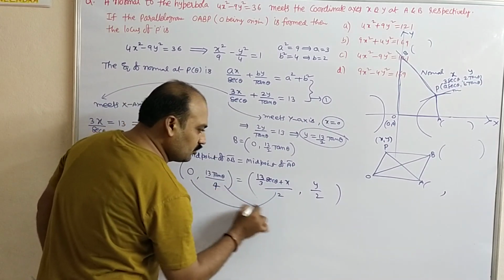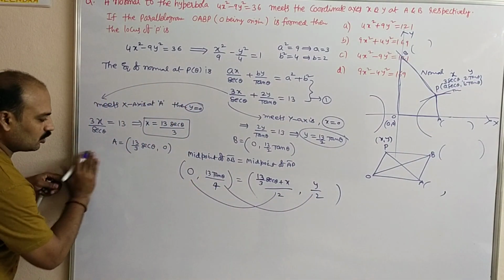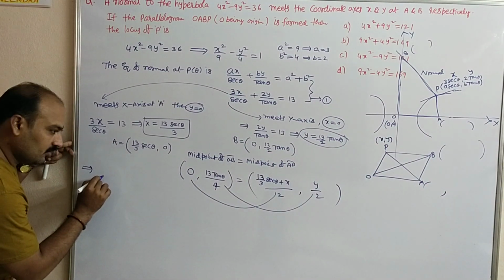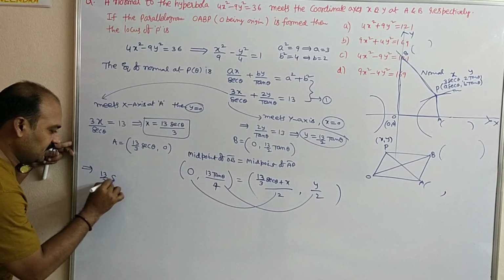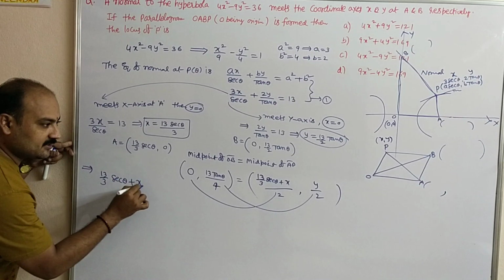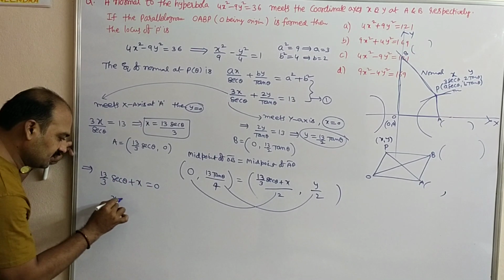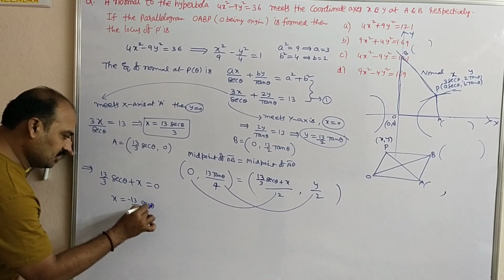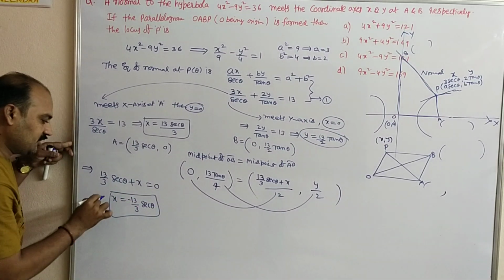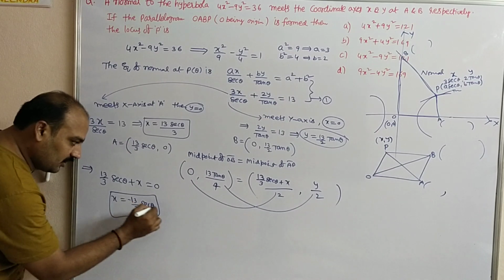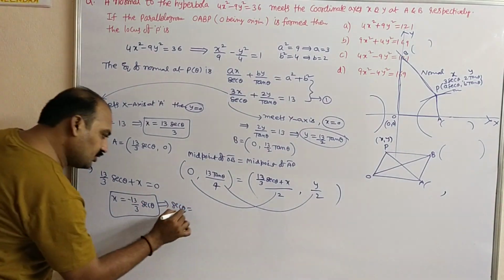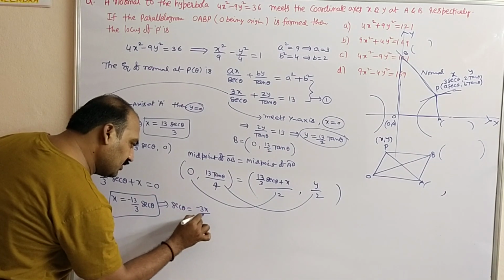Equating x coordinates, equating y coordinates. Cross multiplying, 13 by 3 secant theta plus x equal to 0. So x is equal to 13 by 3 minus secant theta. So the x value we got. And from here, make secant theta the subject: secant theta equal to 3x by 13.